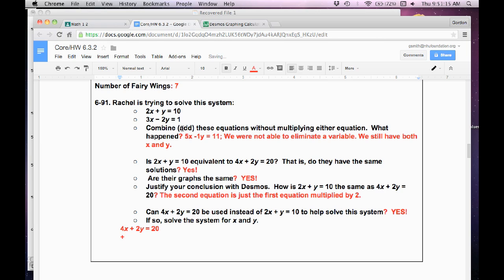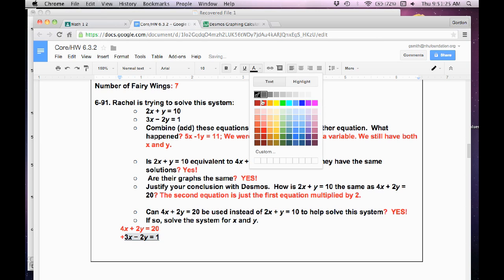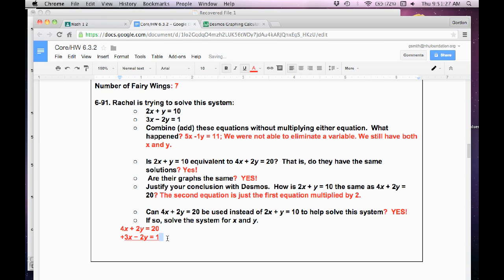Then we're going to take this one, make it red, underline it, and add these two together. Now, because we have opposite coefficients for the y's, it'll cancel out, whereas before it didn't cancel, and that's why it didn't work when we first just added them together.